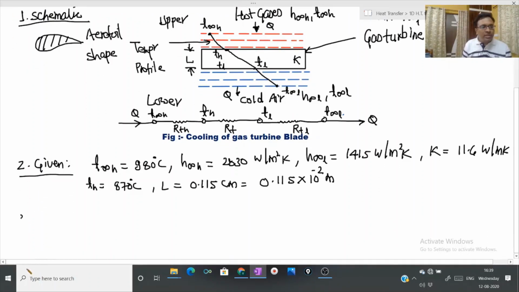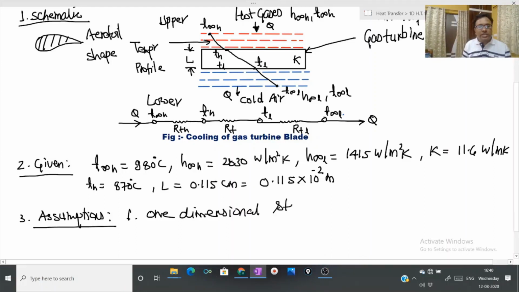Then point number 3, let us enlist all the assumptions required to solve this problem. The very first assumption is one-dimensional steady state heat transfer. Number 2, no heat is generated within the blade material.